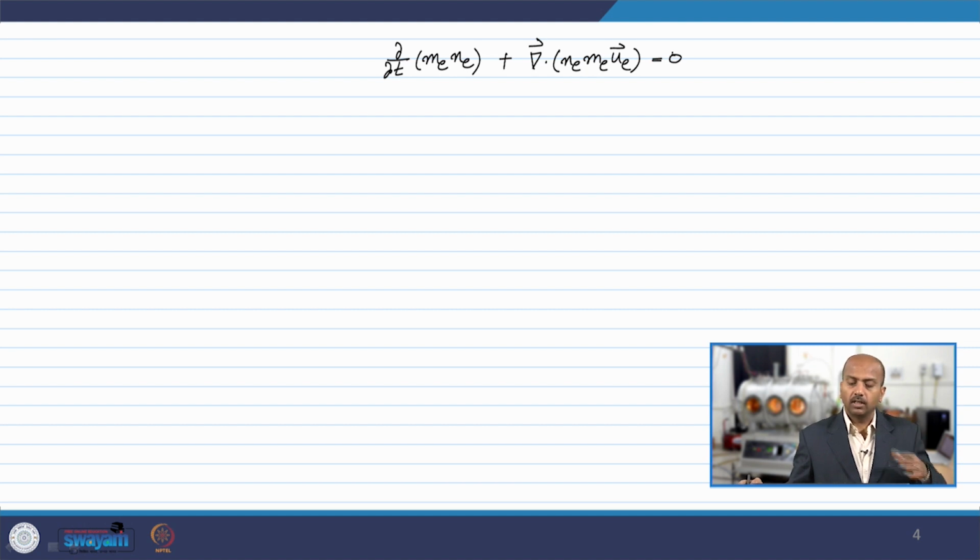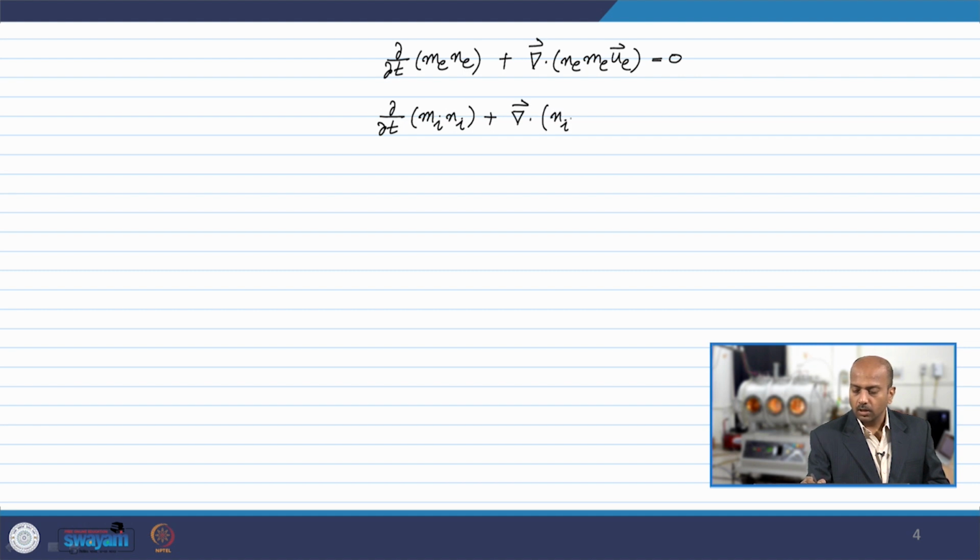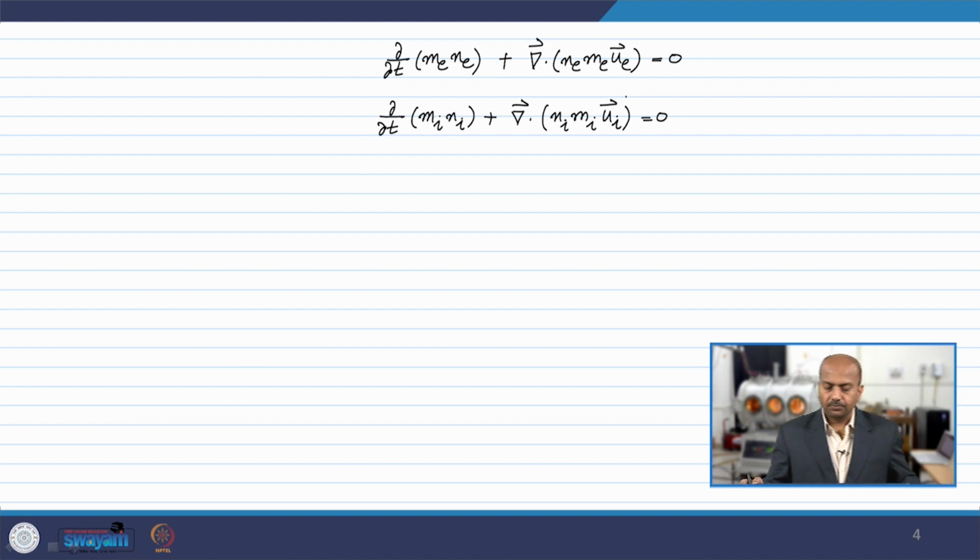We have multiplied the equation with ME, the mass of electron, and similarly we can write an equation for the ion: MI NI plus del dot. So, you must realize that in MHD approximation, what we do is we write a single equation of continuity, a single equation for everything, instead of two fluid equations, right.